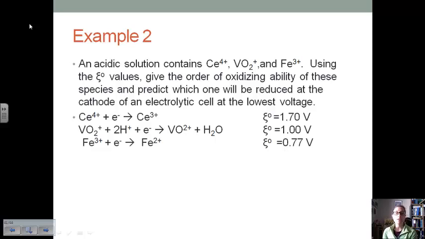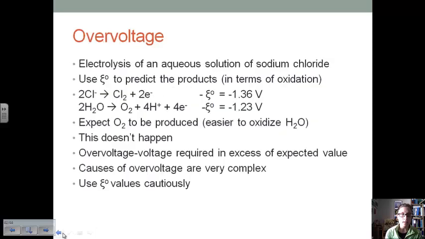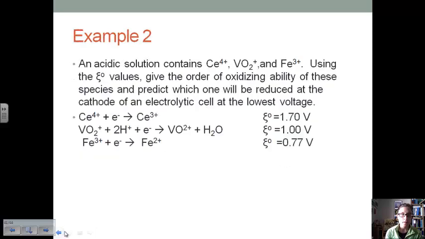Okay, so we have an acidic solution containing vanadium ions, VO2+, and iron ions, and using the standard reduction potential values, we want to give the order of oxidizing ability of these species and predict which one will be reduced at the cathode of an electrolytic cell at the lowest voltage. Well, we can see that our smallest reduction potential is iron, and our largest reduction potential is vanadium.